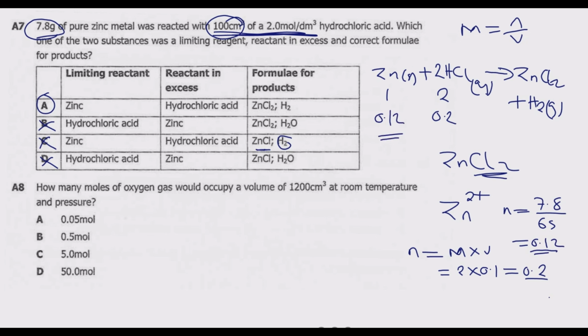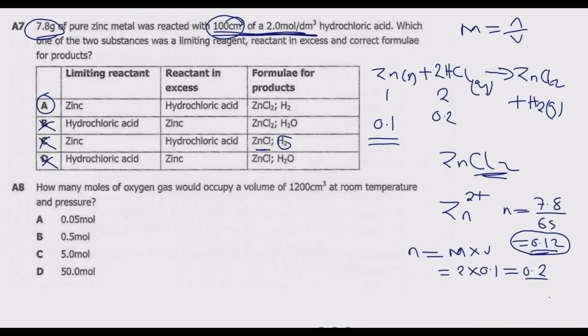So we are supposed to have 0.1, but we actually have 0.12. So ideally, zinc should be in excess because we have more moles than required. So we have 0.12 instead of 0.1. So zinc should be in excess, and hydrochloric acid is the limiting agent.